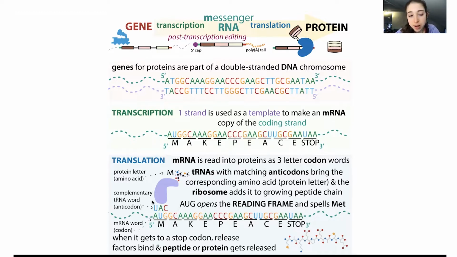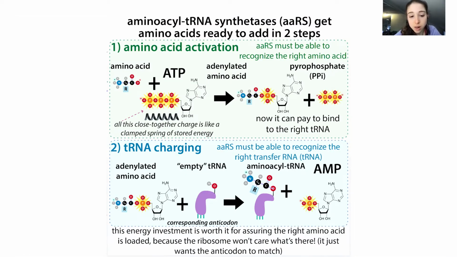And so when you have the complementary anticodon on this transfer RNA, it'll bind to the codon. And the cool thing about this is that the tRNA that has the anticodon that matches that codon is going to be attached to the amino acid that corresponds to that codon. So in order for all of this to work, we need this transfer RNA to get loaded with the right amino acid.